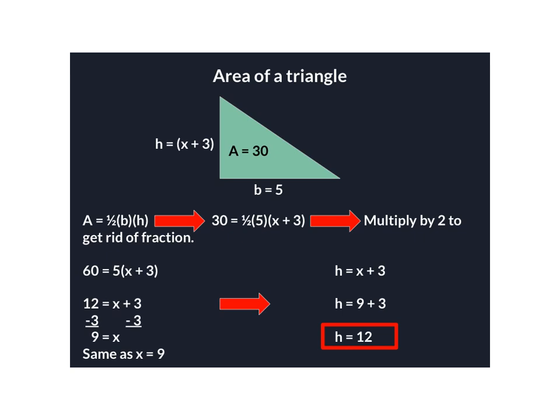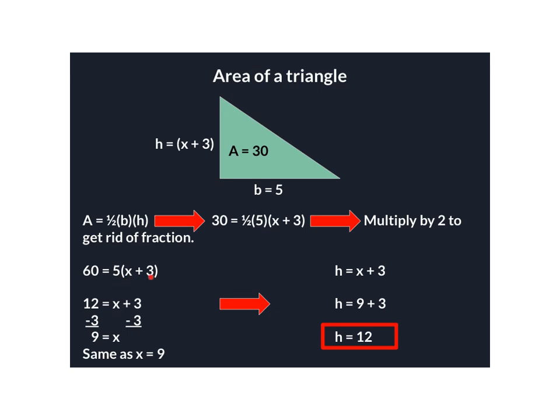But in order to undo that 1/2, we really just need to multiply both sides by 2 to totally get rid of that fraction. If I take this 30 and multiply it by 2, it gives me 60. If I take 1/2 and multiply that by 2, it cancels out because it turns into 1. So then I'm just left with 5 times x plus 3.